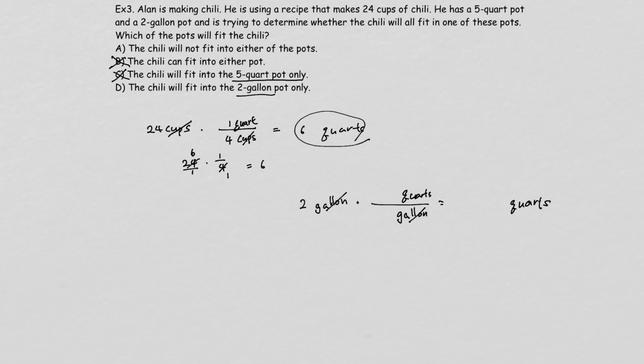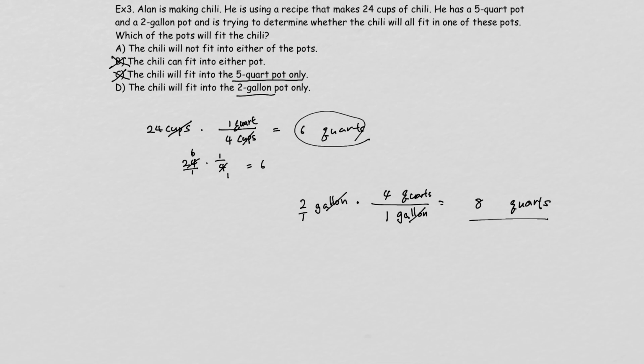And we know 1 gallon is equal to 4 quarts. It looks like you don't have any common factor between numerator and denominator, so you just multiply 2 times 4, which gives you 8. So 2 gallons is equal to 8 quarts.